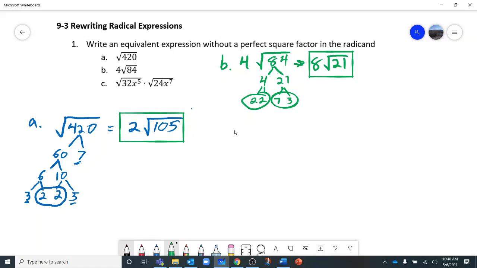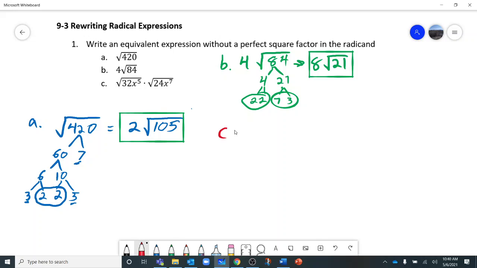And then C. C, you can take a couple of different approaches. You can either multiply them together first and then take out as much as you can, or you can take out the factors first and then multiply them together. Either way really works. One way may be more efficient.